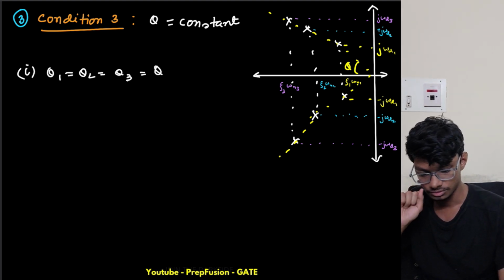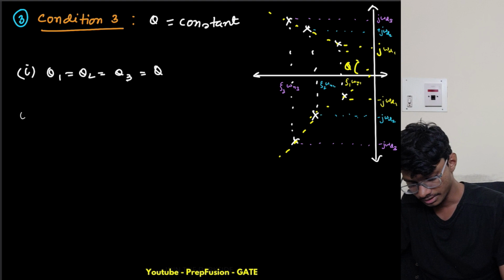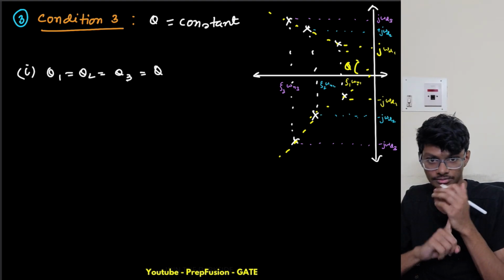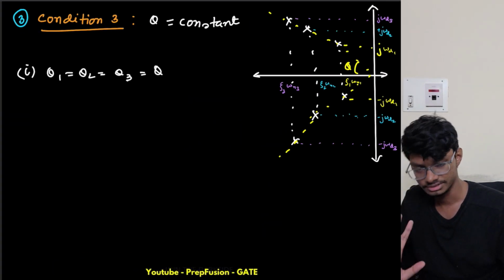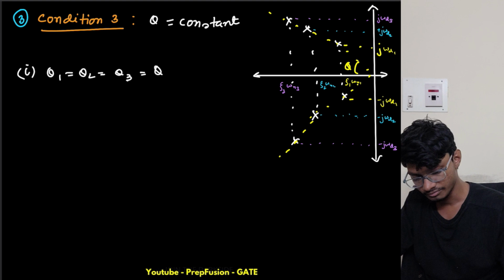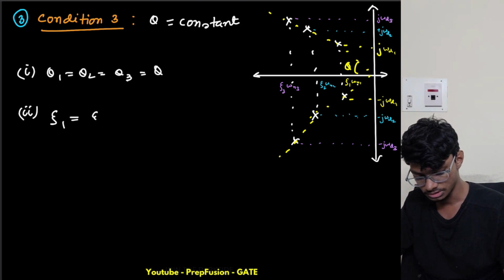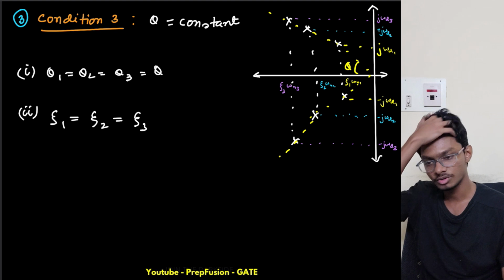So my zeta is constant because theta is constant. I will write that if my theta is constant, then zeta 1 equals zeta 2 equals zeta 3, as my theta is constant. So MPO will also be constant.